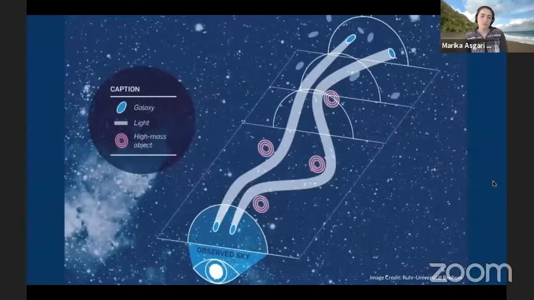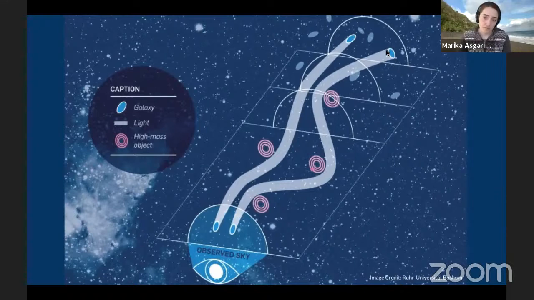When it comes to cosmology with KiDS, the main probe is cosmic shear. With this cartoon, I will tell you the basics of how it works. Imagine you have a galaxy that is far away from the observer, and its light passes by large-scale structures and massive objects, and as a result, it is distorted.